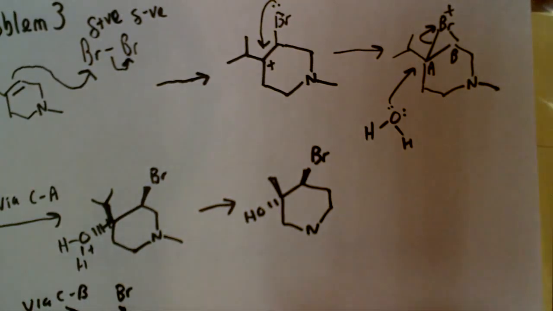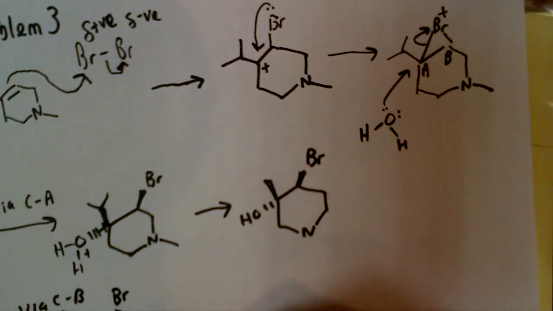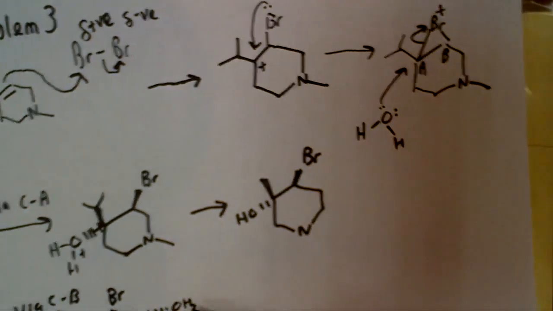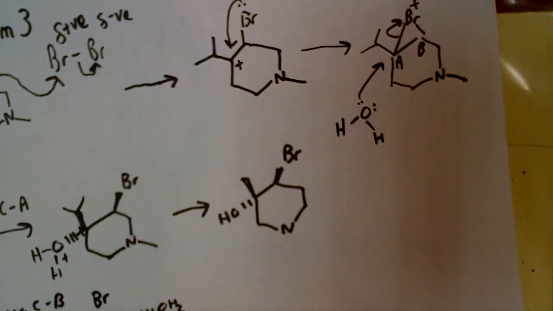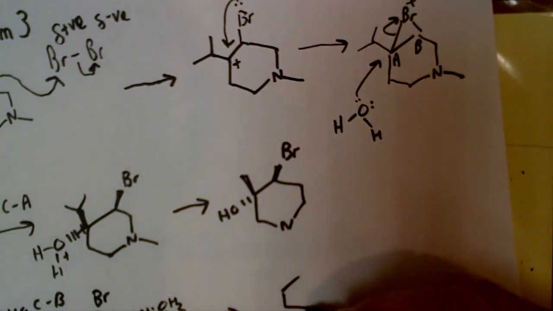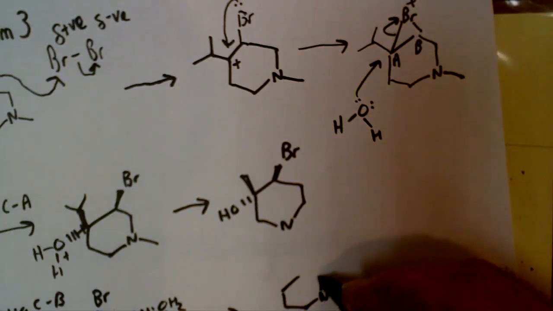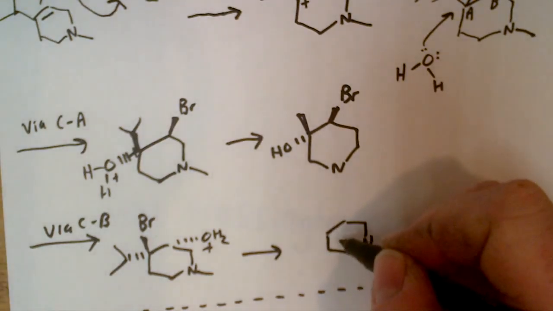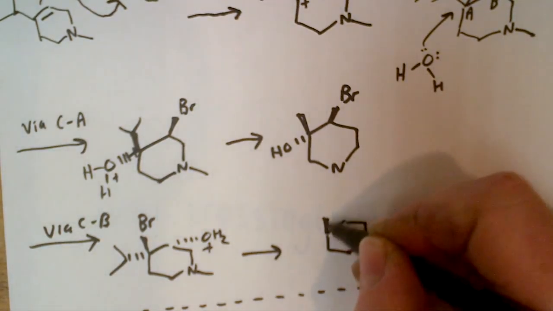The isopropyl group sits down because the water is attacking from the bottom side of the ring system, and then we have that as our intermediate, that's the positive oxygen, and we would deliver this as our final product.